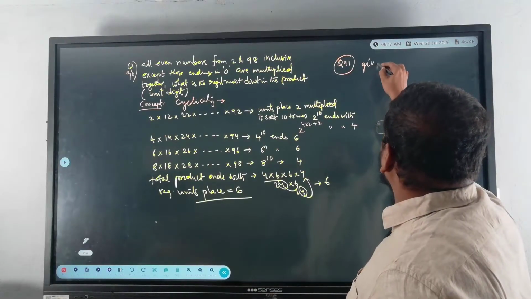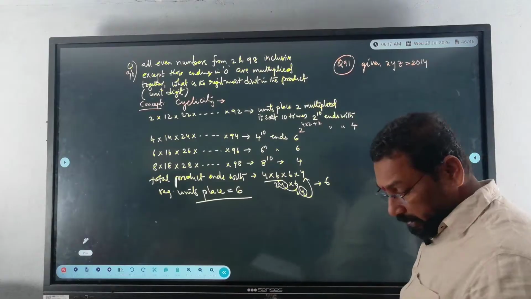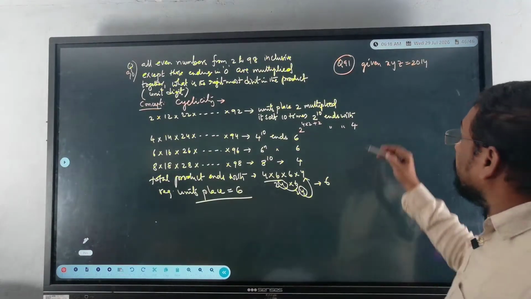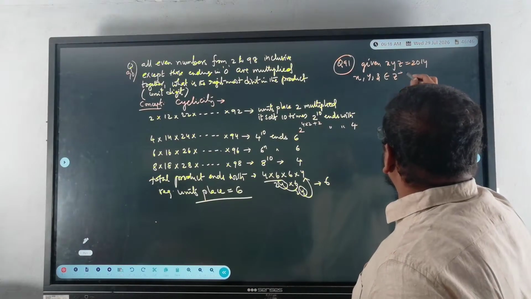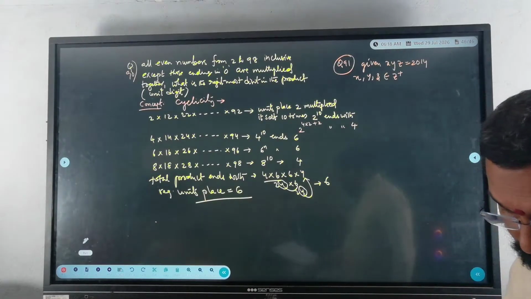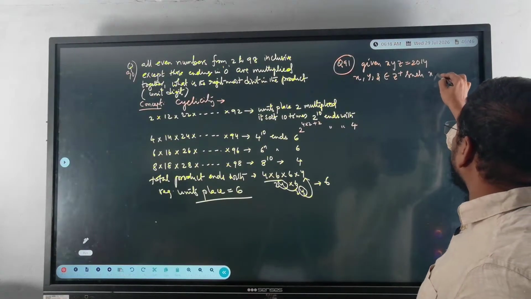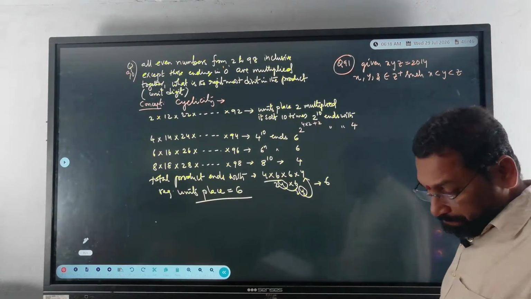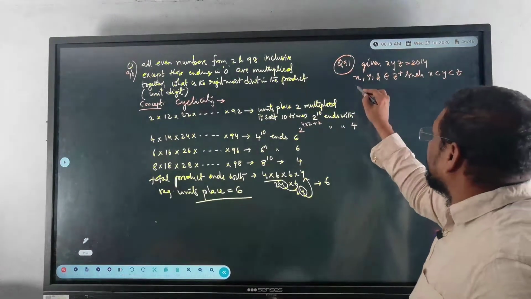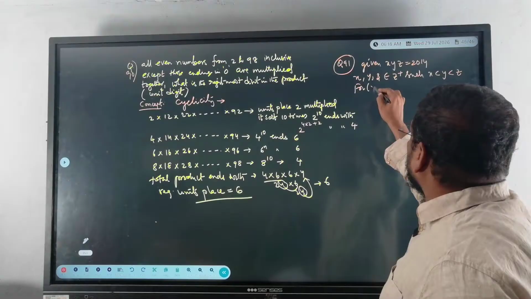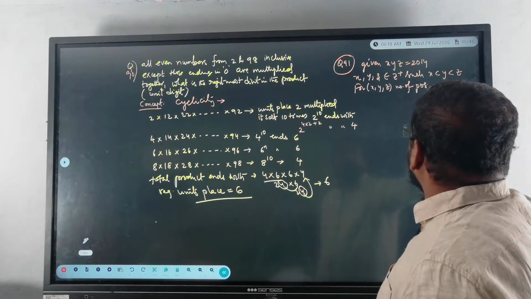Given XYZ is equal to 2014. The product is 2014, where X, Y, Z belong to positive integers such that X less than Y less than Z. How many possible triplets for XYZ?